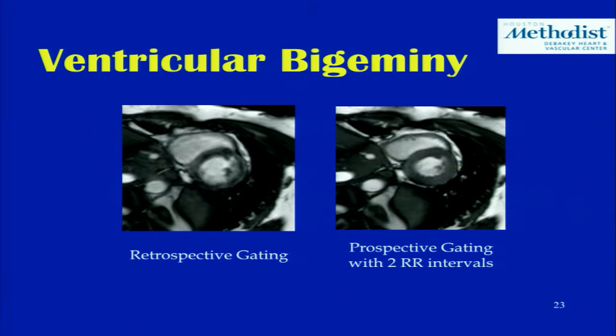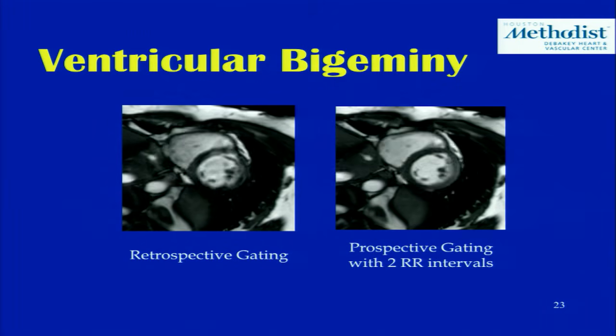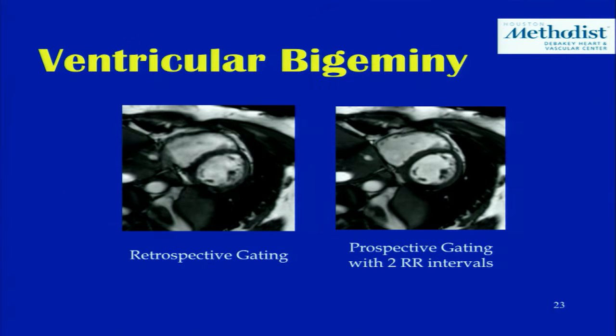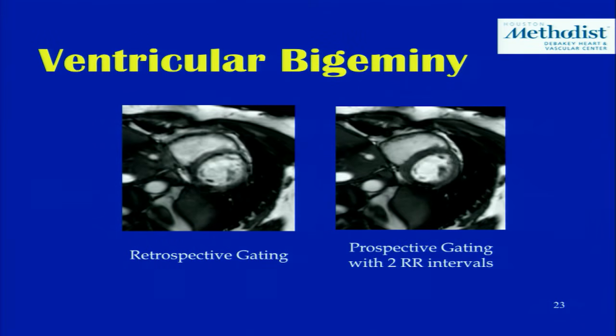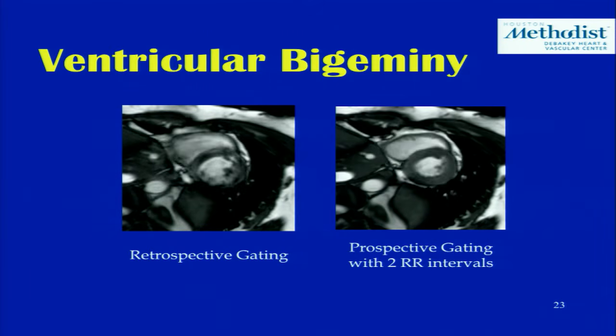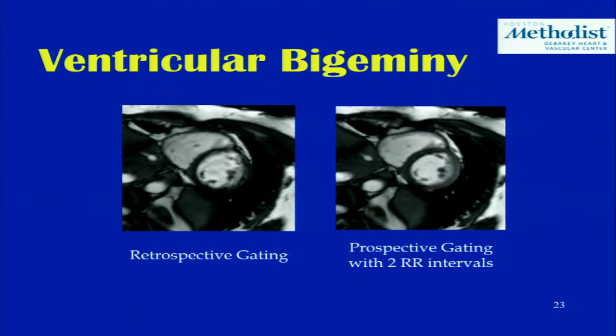Since the combination of the two repeats itself over and over again because it's a regularly irregular rhythm, I go from what looks like on the left-hand side to now what it looks like on the right-hand side, where I see a nice normal contraction for the normal beat, and then I see the PVC beat as well. And I'm imaging the entire PVC beat. So with a regularly irregular rhythm, you can try this strategy right here.